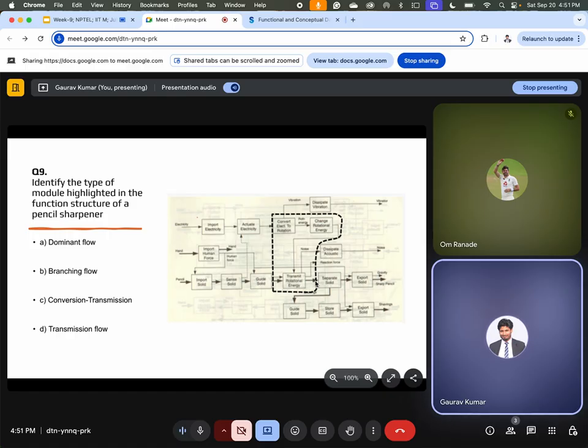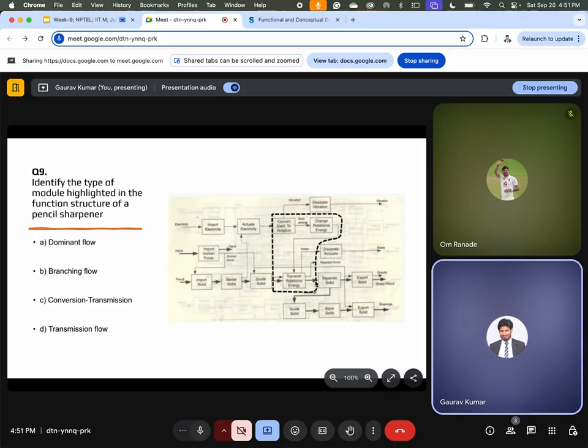So this principle shows a direct conversion of human energy into mechanical action, followed by transmission of that action through gear or blade movement. Without this convergent transmission process, the sharpening function could not be achieved effectively.